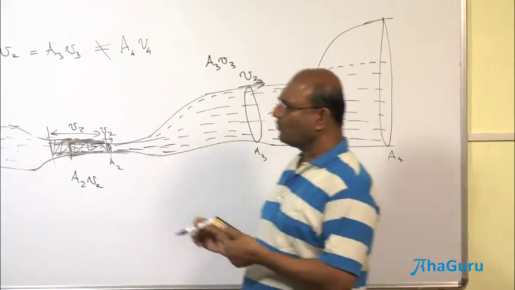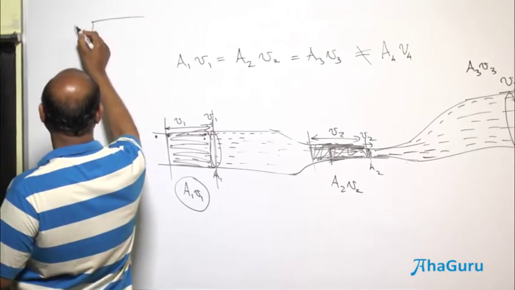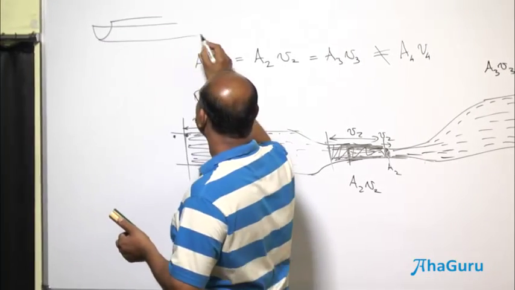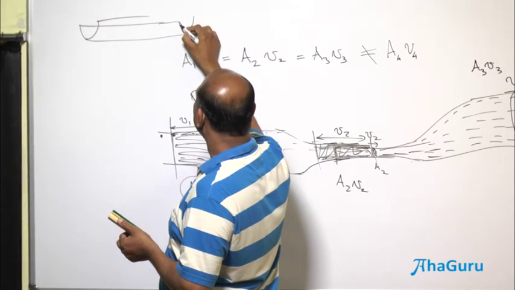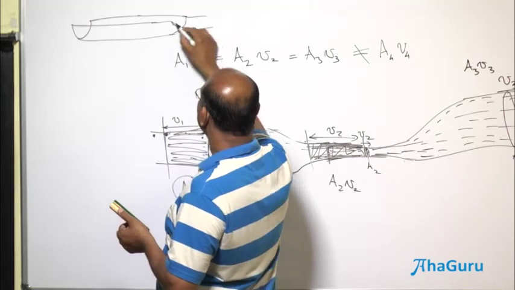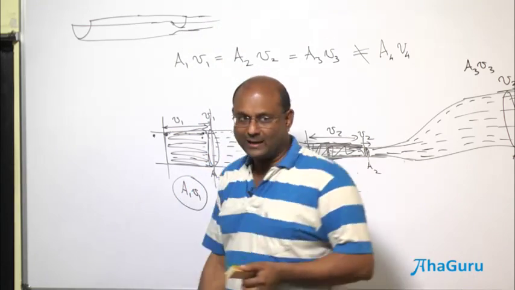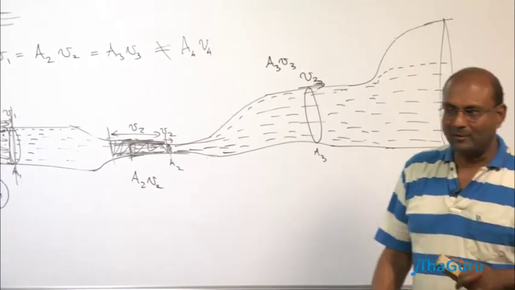But what if I had an open canal? What if I had something like that, and then this thing basically became a little smaller? So you mean I can't apply it to something like this? In principle, yes, you can't apply. But if I want to apply, I want some general condition.